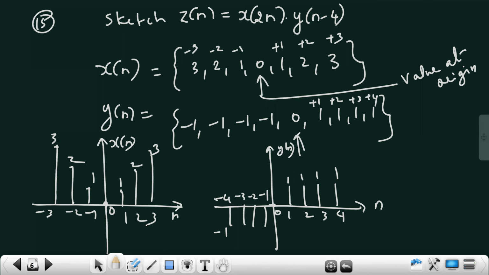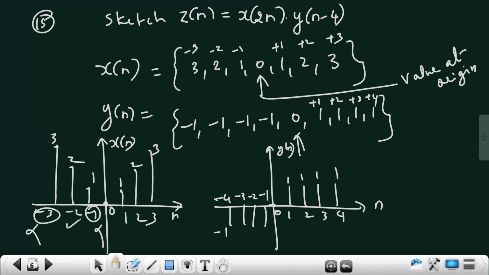So after compressing, the sample defined at n equal to -3 will not exist, because -3/2 is -1.5. At -1.5 you will not get any signal. So this will not be there. Again, this will not be there either, but this will be there, and it will come at n equal to -1.